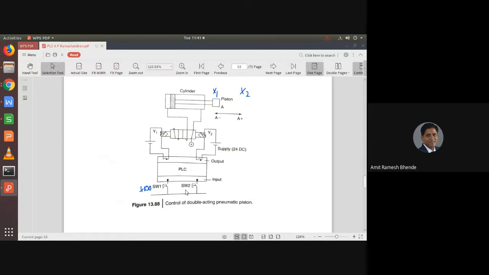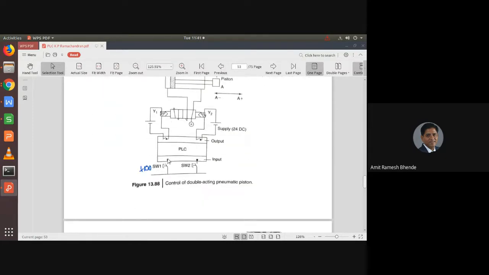Similarly, if you press the SW2 switch, then the Y2 solenoid will get energized, and because of that you will get the retraction. So Y1 is for extension and Y2 is for retraction. These are the two operations you can complete by using these two solenoids.